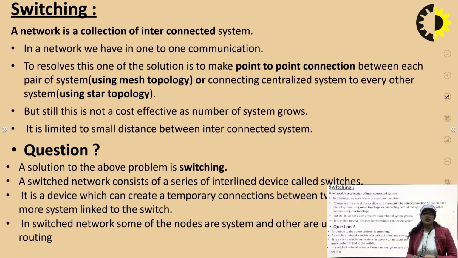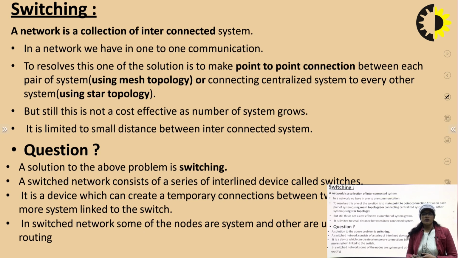So basically there is the problem of congestion. Congestion occurs when, in a network, more than one device attempts transmission through the same shared medium, the same communication channel.